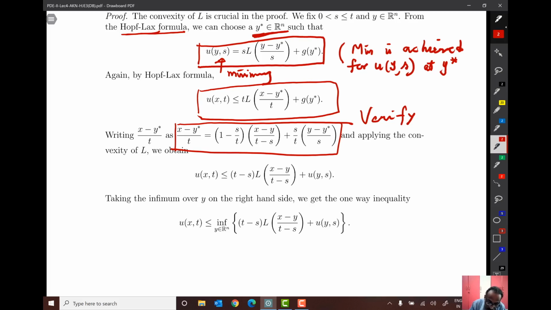Now you see this is a convex combination, means 1 minus s by t plus s by t is 1. These numbers are less than 1. S by t is less than 1 because s is less than or equal to t. This is also less than or equal to 1. So it's a convex combination, not just a linear combination. So I can apply convexity.